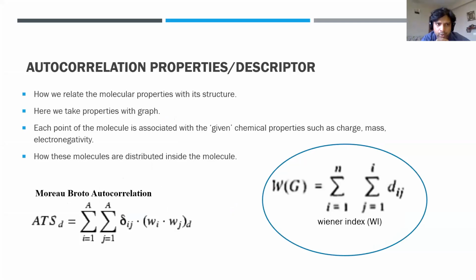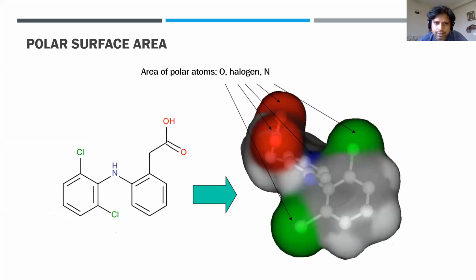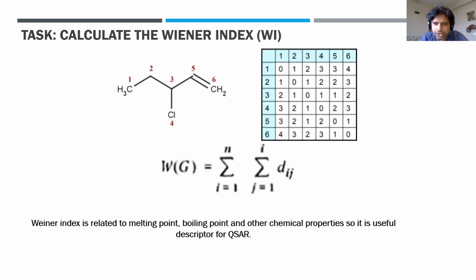Now there is something called autocorrelation descriptors, and believe me, this is also very easy to calculate. Sometimes these mathematical equations are a bit scary, but if you go through these equations one by one, you will find that it is not that scary. Here, I'm taking the distances dij and adding all the diagonal elements to make the Wiener index.